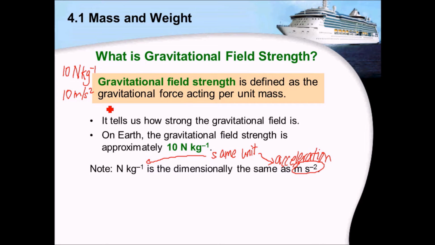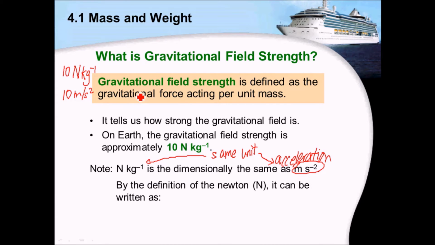So how do we prove that these two are the same? First of all, let us recall what is Newton. Newton is force. Am I right to say that? So how do you find force? We find force using mass times acceleration, as you learned last year. F is equal to ma.